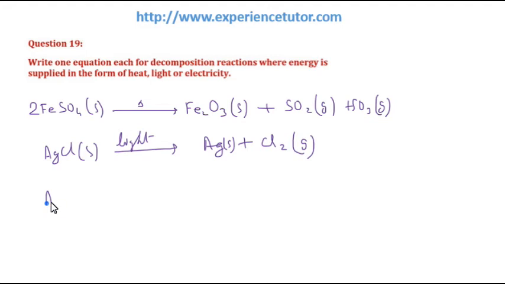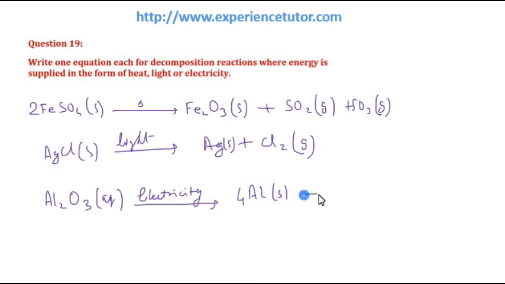So we can write Al2O3, aqueous, gives, with electricity, 4Al solid plus 3O2. This is the example of decomposition by electricity.